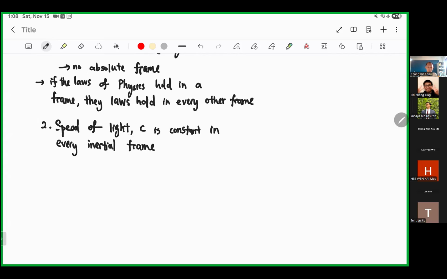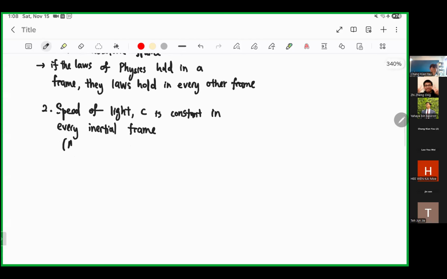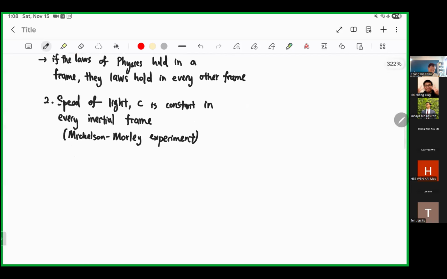I won't be talking about it here because it would be a 20-minute detour and we don't really have that much time, so I'll skip it.